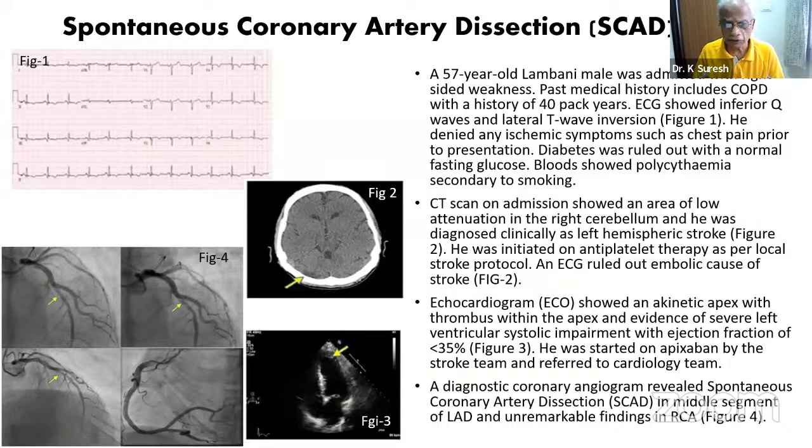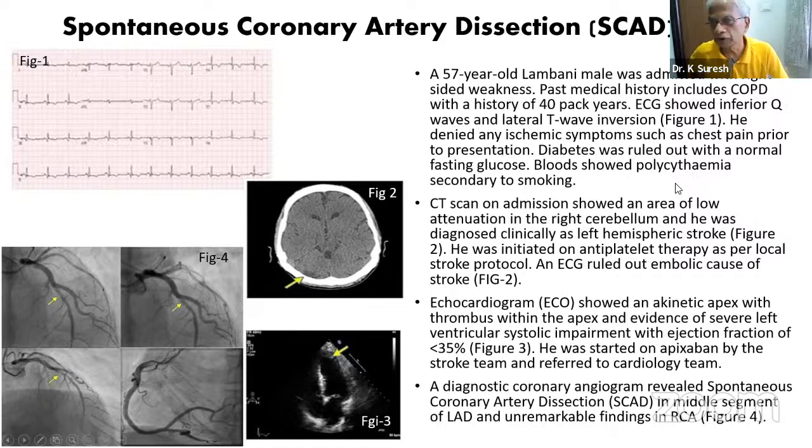Another condition which might lead to silent stroke is called spontaneous coronary artery dissection. Here, this is a Lamani male of 57 years. He was a case of COPD, having smoked 40 pack years, that means 40 cigarette pack-years.